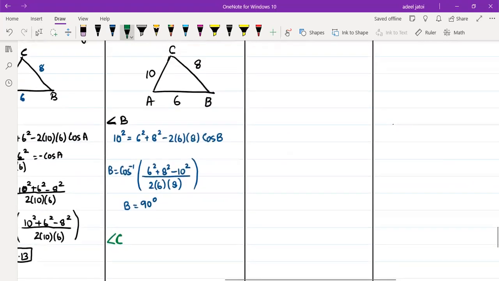So if we want to find angle C, this should be 6 square, because opposite to angle C is 6.